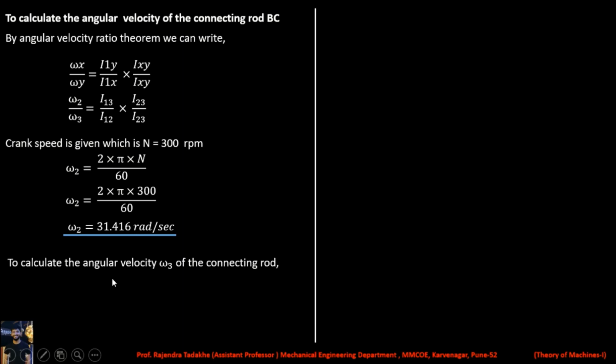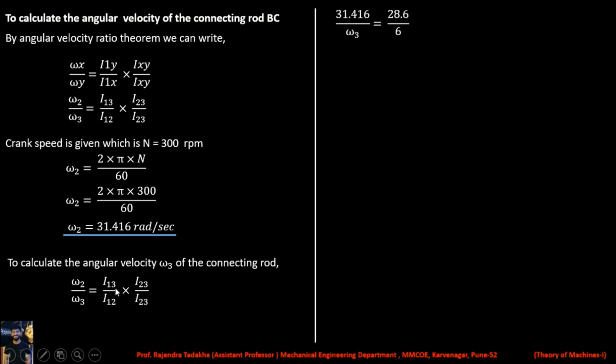So once we get this value, we can put it in this equation. To calculate the angular velocity omega 3 of the connecting rod, omega 2 upon omega 3 is equal to I13 upon I12 into I23 upon I23. So here omega 2 value is 31.416, which we have substituted, upon omega 3, the angular velocity of the connecting rod we have to find out.